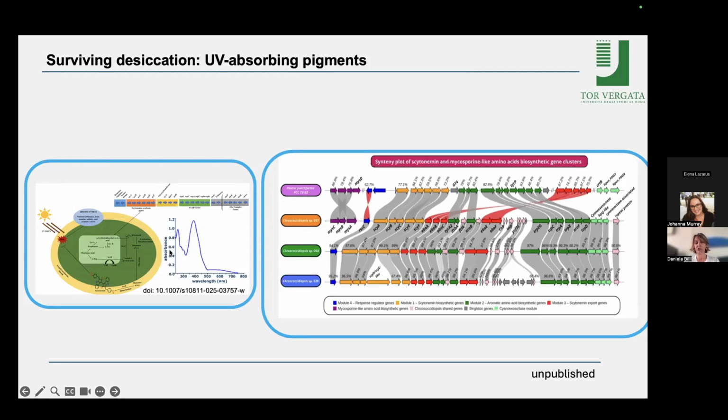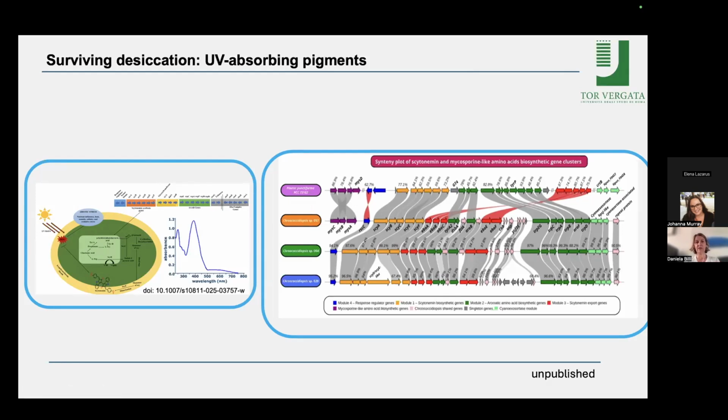We looked at the genomes of three desert strains of Chroococcidiopsis, and we found that all three of them have all the genes for the synthesis of scytonemin, and one of them also has the genes for mycosporine synthesis. Nostoc punctiforme has been used as a reference because it is a very well-known cyanobacterium able to produce these UV pigments.